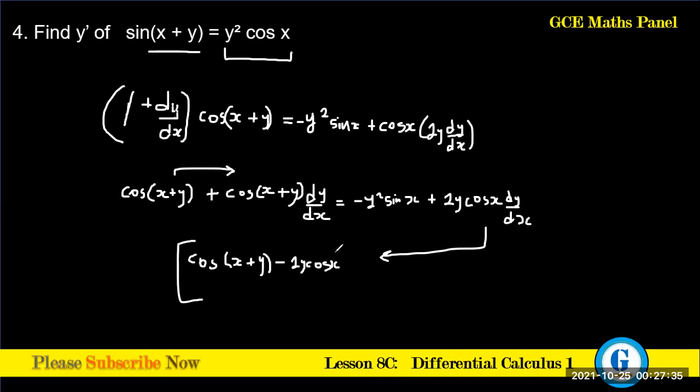All of this times dy dx will be equal to what we have on the right-hand side. So on the right-hand side, we are going to have minus y squared sine x minus cos(x plus y).